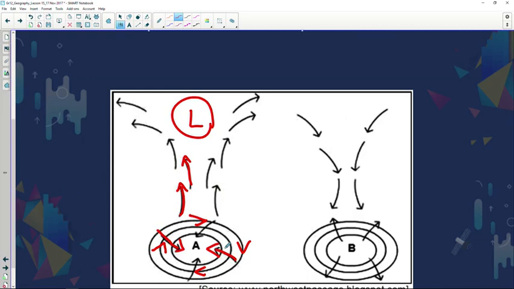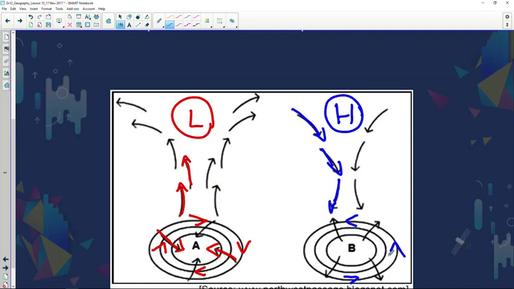Now if you look at B, what do we have over there? Sinking air, subsidence. And sinking air is associated with a high pressure. And because it's in the southern hemisphere, what do we say? It's anti-clockwise circulation of air taking place.